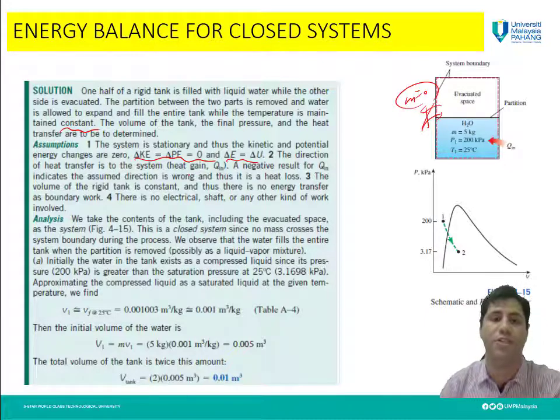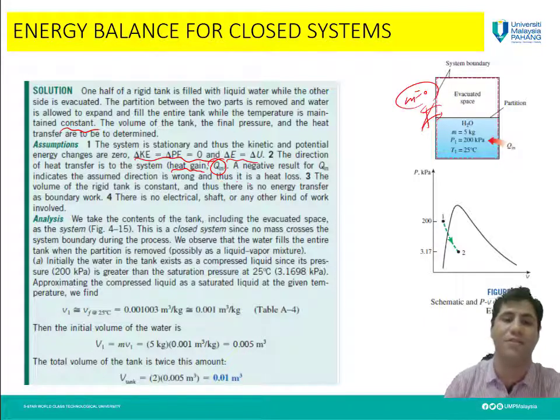So this is our imagination. We imagine the system during this process, this expansion of the water will absorb heat, or we have heat gain, or Q in. A negative result for Q in indicates that the assumed direction is wrong, and thus it is heat loss.